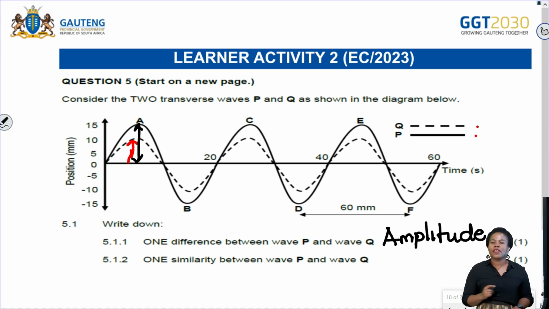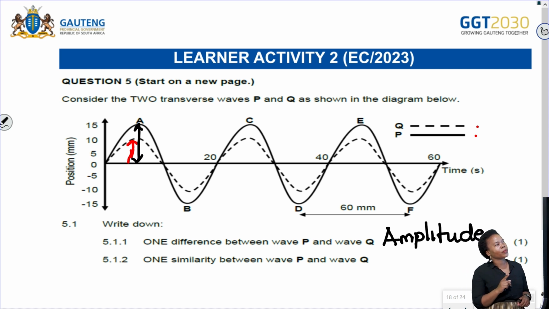Then we are at 5.1.2 right now: write down one similarity between P and Q. So what is the same between Q and P?